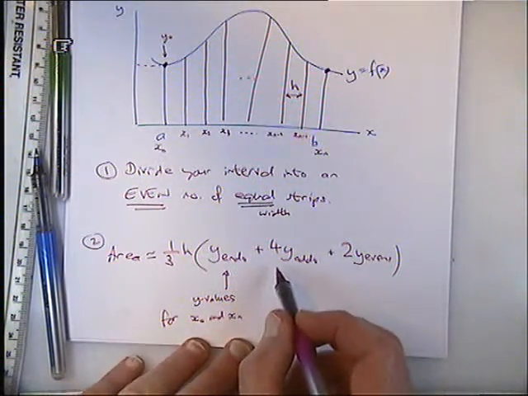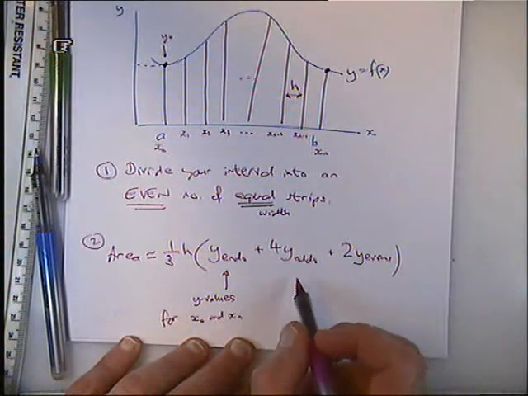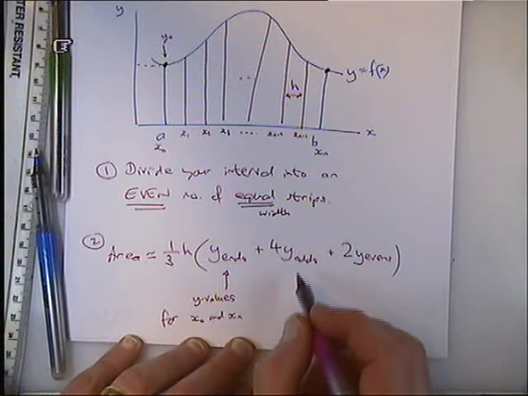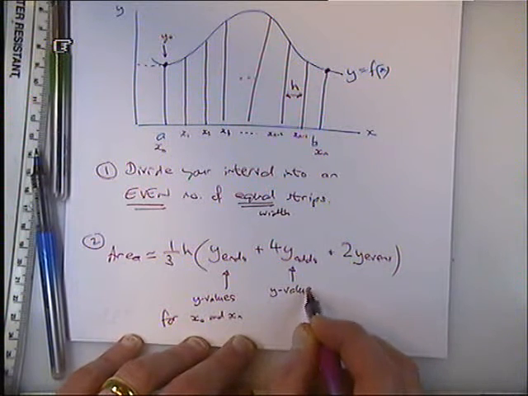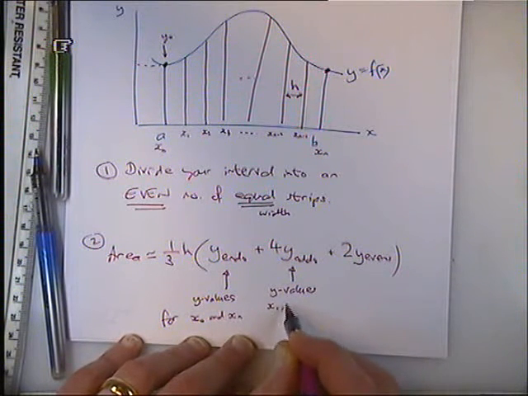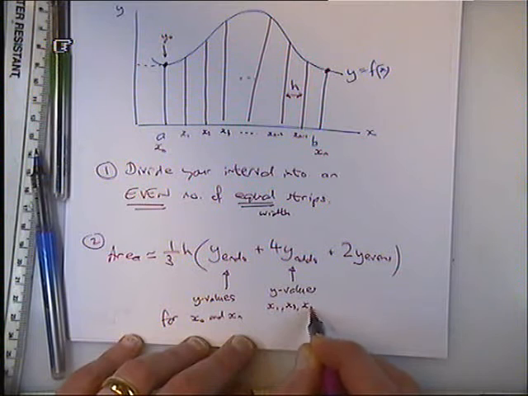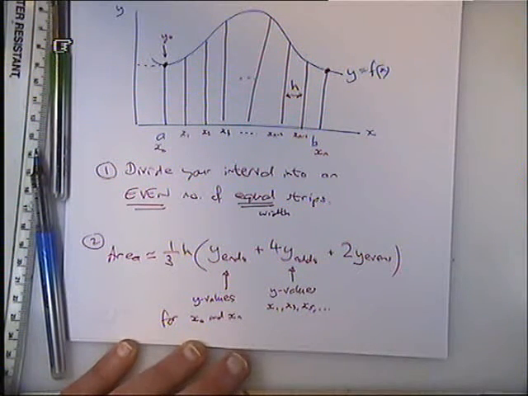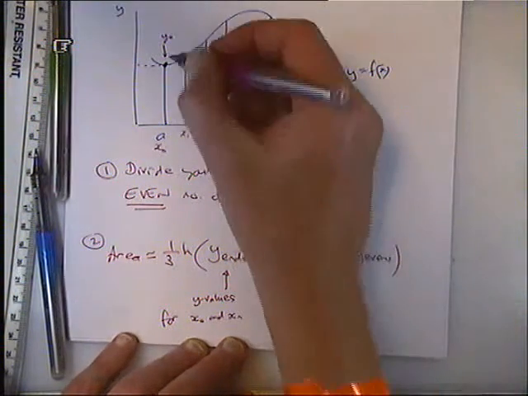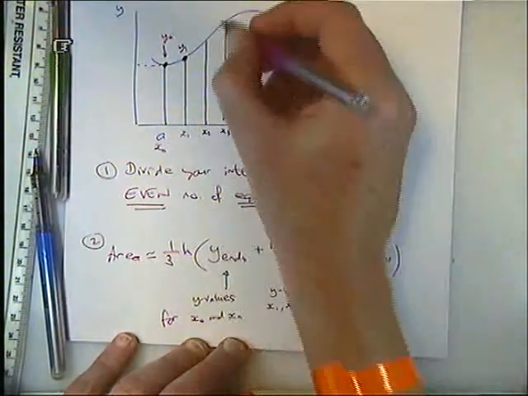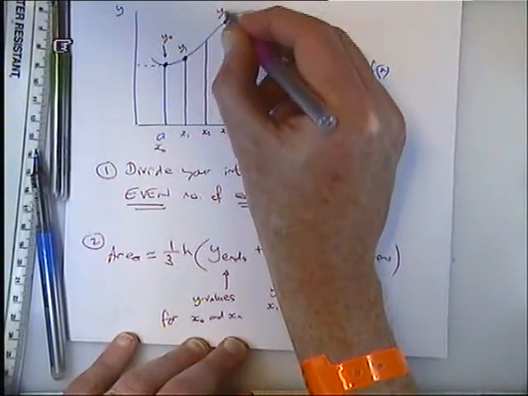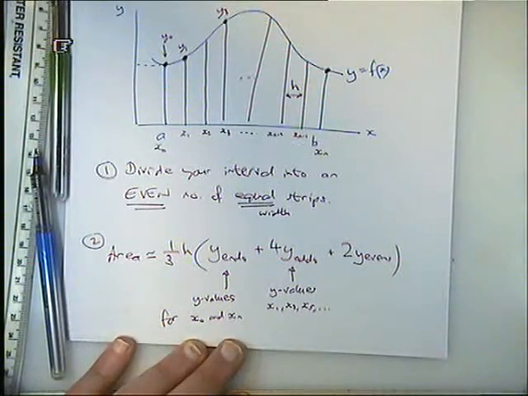Then you do 4 times the y value of all the odds. Well, the odds are going to be the y values that go with x1, x3, x5, and so on. So y1 will be the height of the curve there. y3 will be the height of the curve there above x3.